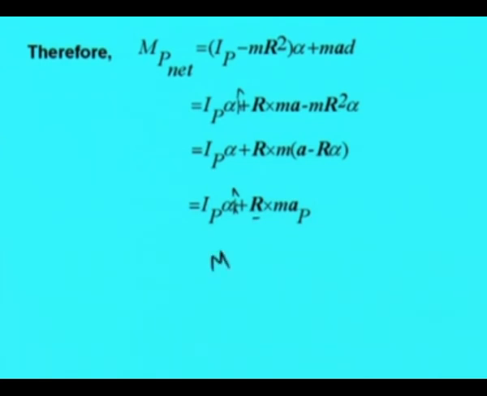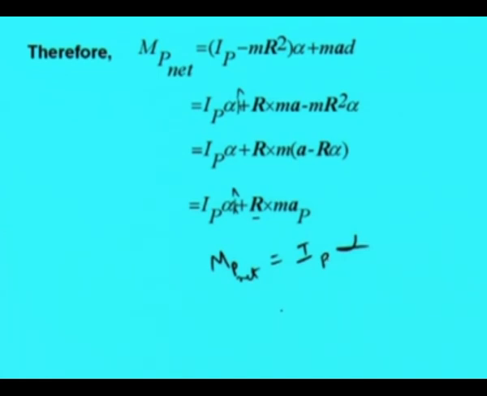So we have Mp net is equal to Ip times alpha. Just as you find the equation about the mass center, that moment about the mass center is Mg net equal to Ig times alpha, in the same way you get Ip times alpha, so that becomes valid. So the first condition is that P should be stationary, then this is valid. The second is that if Ap and r have the same direction, then also it is valid.